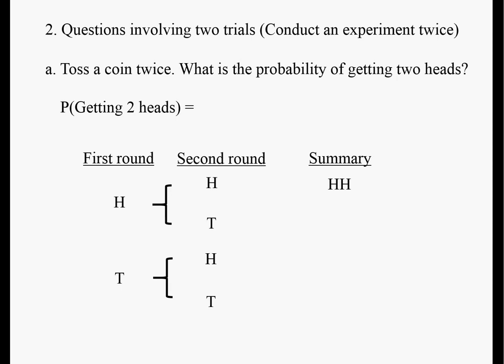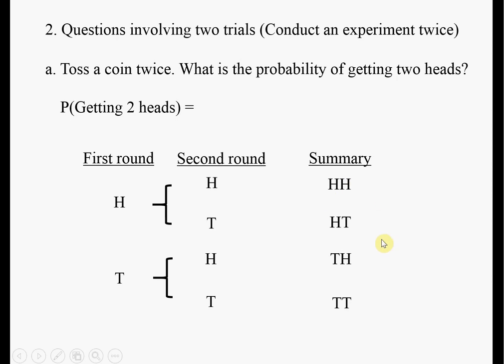If the first time you got head, second time you got a tail, now you have head and tail. If the first time you got a tail, and the second time you got a head, you got a tail and head. If the first time you got the tail, and the second time you got the tail again, now you have a combination of tail and tail.